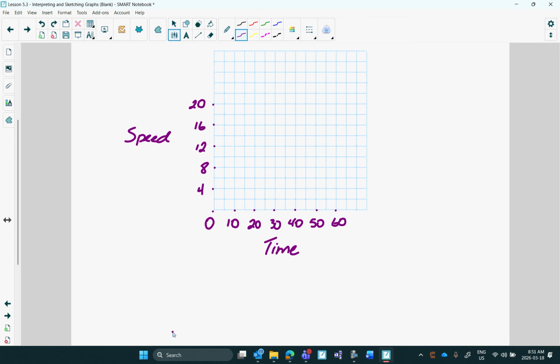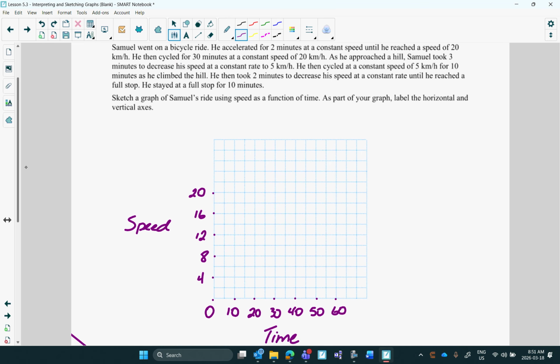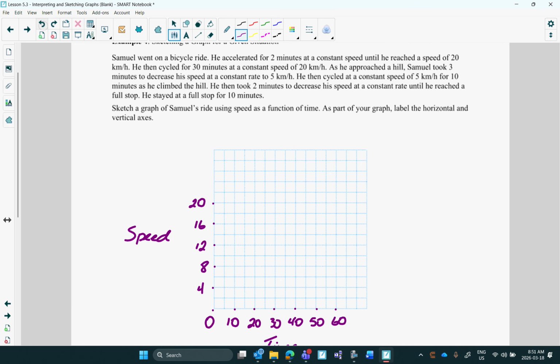Okay, so now we want to put in the segments of the graph. So he went for 2 minutes until he hit 20. Well, 2 minutes is less than half of a grid line. And then he went all the way up here.